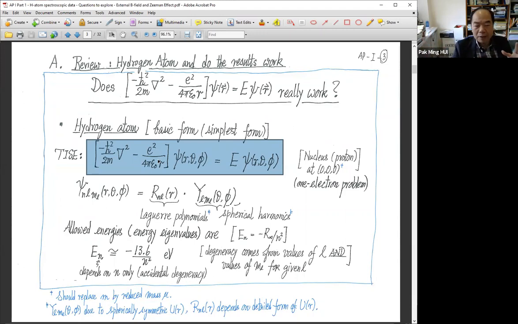But in quantum mechanics, it is more direct to address this type of problem as a U function here, potential energy function, that depends only on the radial distance from the origin, the R. That means there's no theta and phi dependence in U. And that is what I meant by spherically symmetrical.